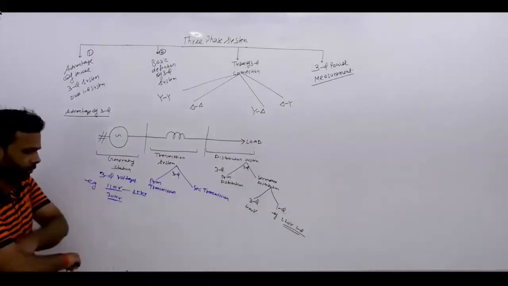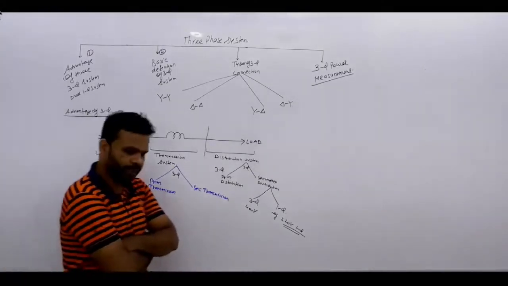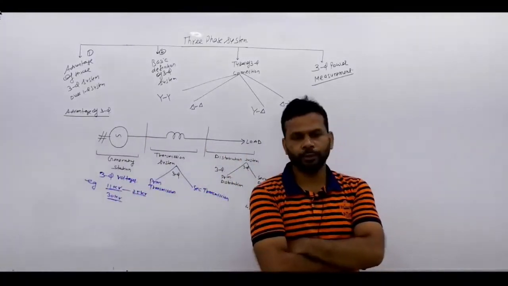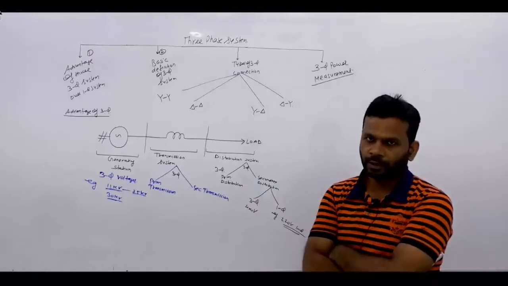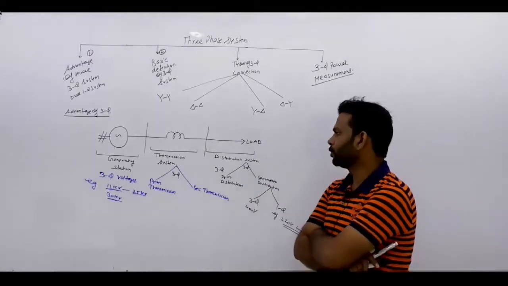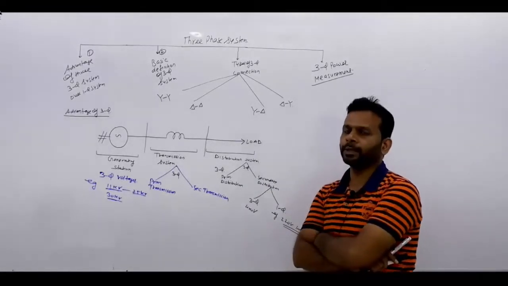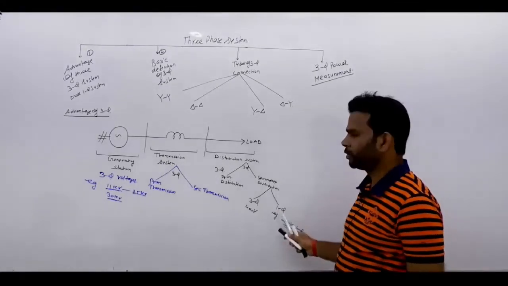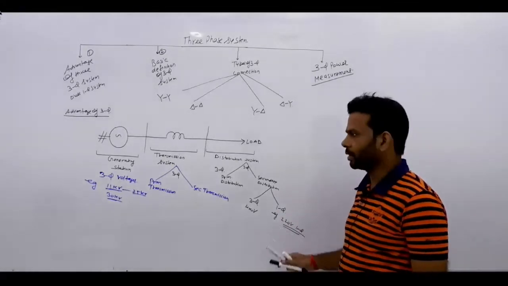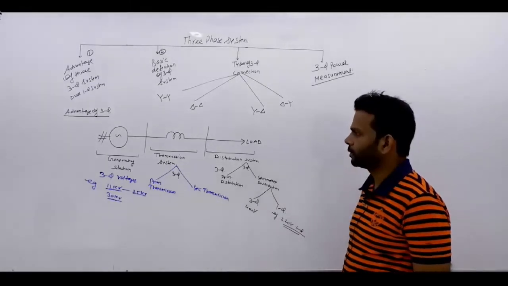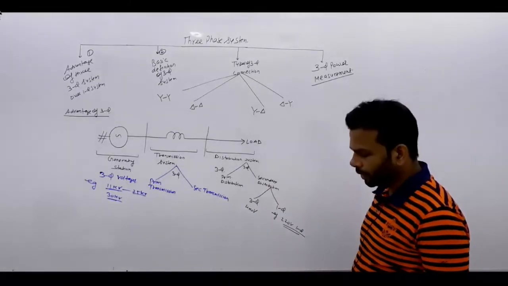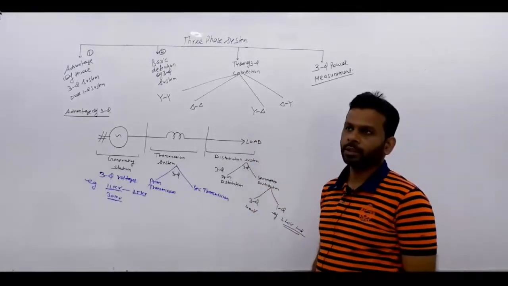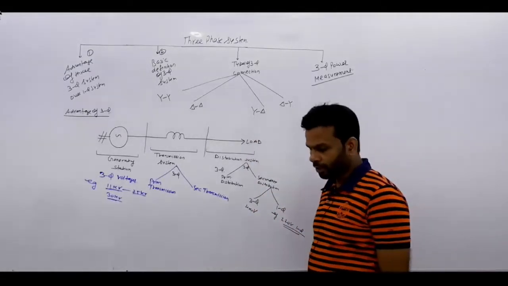From the single line diagram of a power system, it is clear that we are generating three-phase power, we are transmitting three-phase power, and we are also distributing three-phase power, except the secondary distribution system. So why are we generating, transmitting and distributing the power or voltage in three phase?